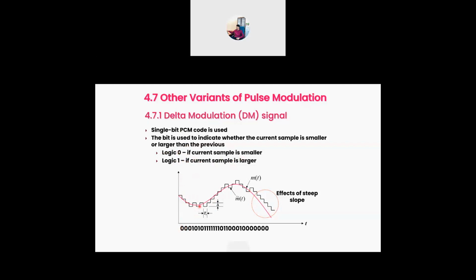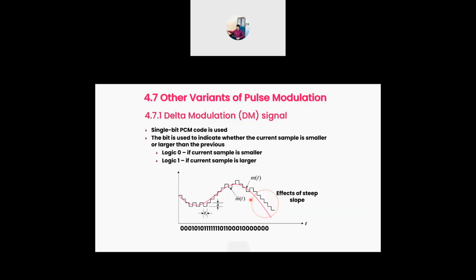If the current information signal is going up, it means the sample is larger, so you're going to have 1, 1, 1, 1. And if it goes down, you're going to have 0, 0, 0, 0 again. So this is pretty much what delta modulation is.